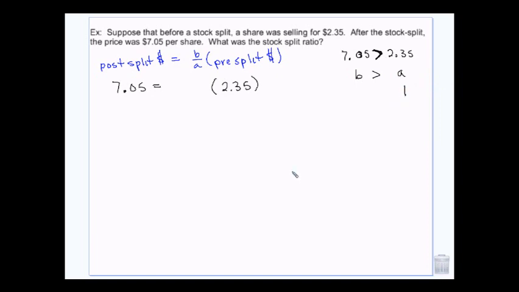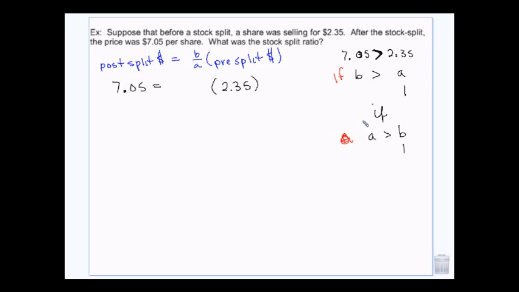Okay. If it was the other way around, if A is greater than B, we're going to say that B is 1. Because we have two unknowns, an A and a B, we have to assign one of them the value of 1.